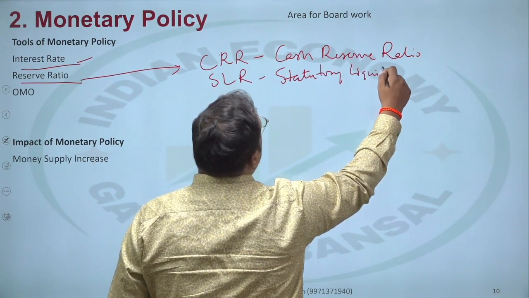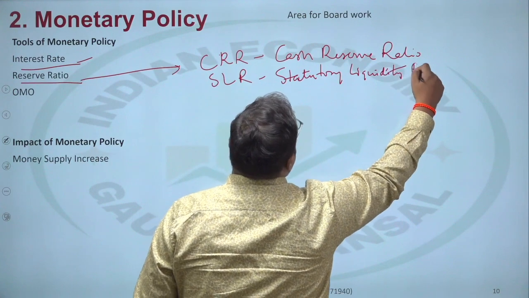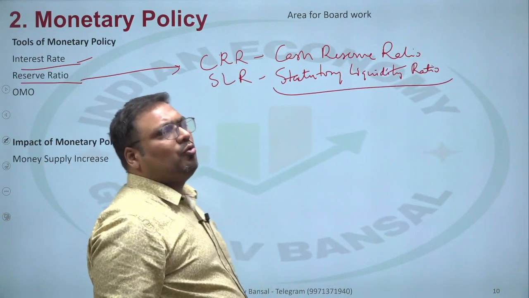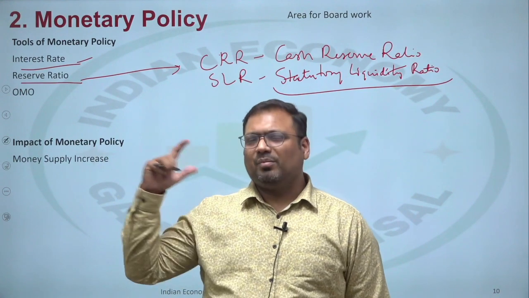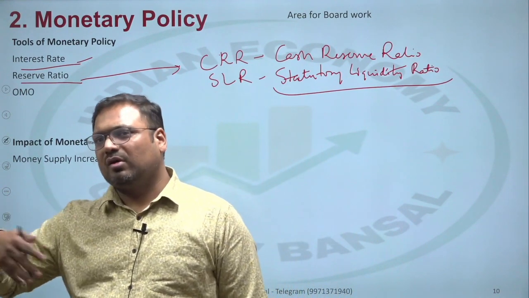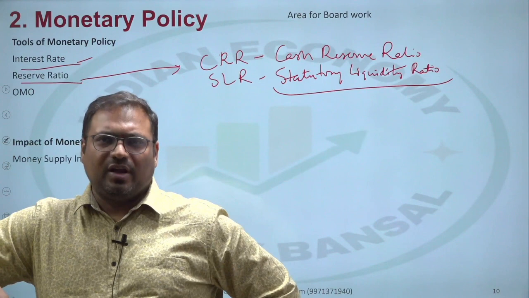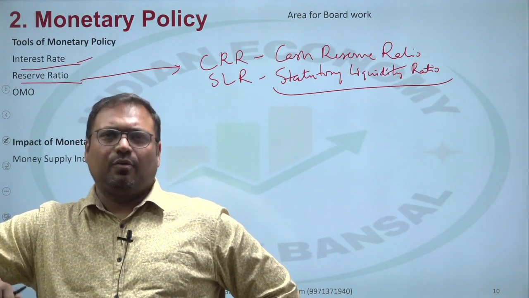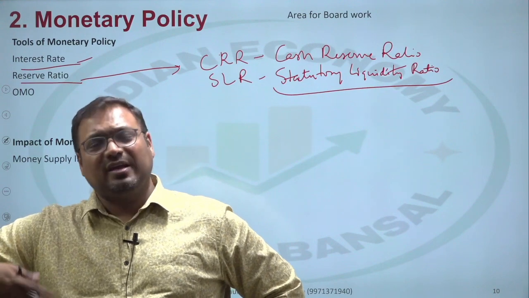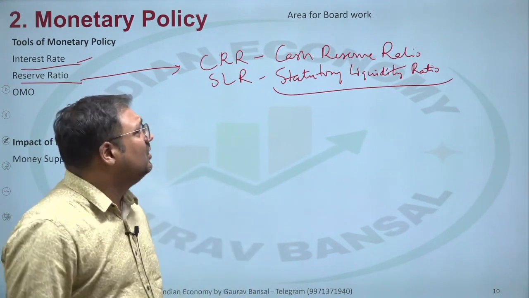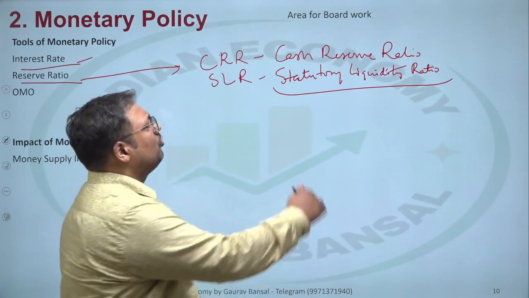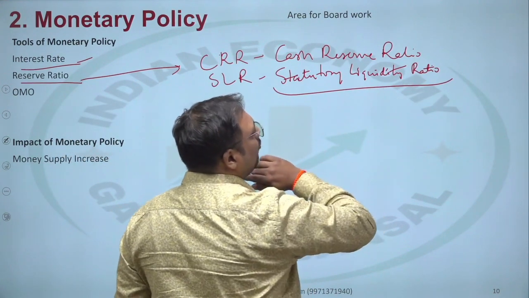Liquidity ratio means this much amount of funds must be in liquid form, which can be easily converted into cash. Liquidity I discussed in the previous video. If you are not aware of what liquidity is, please watch the previous video. That anyways is very important for students. So statutory liquidity ratio is the necessary liquidity that banks have to maintain.